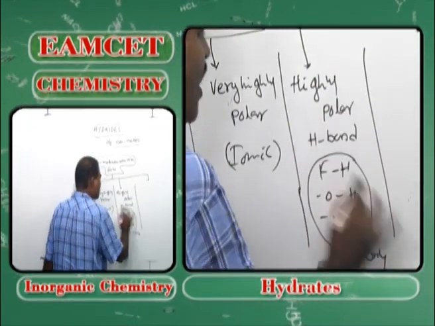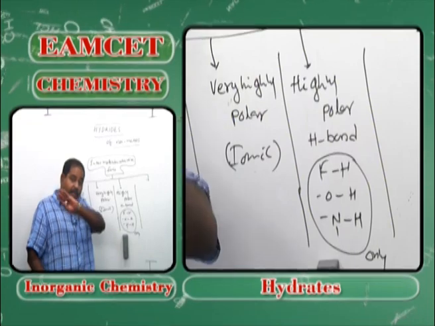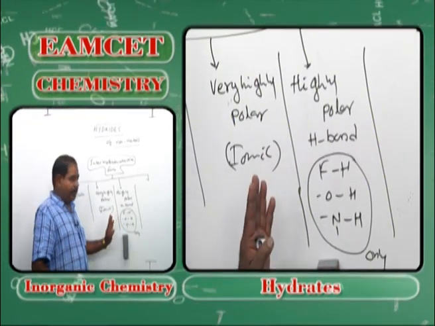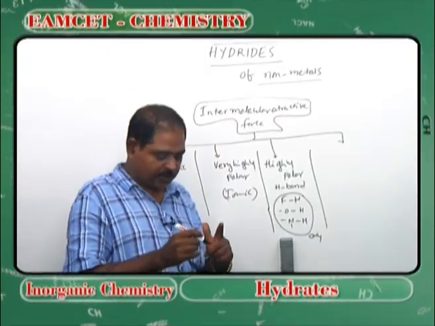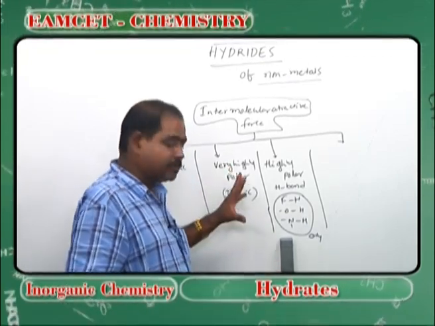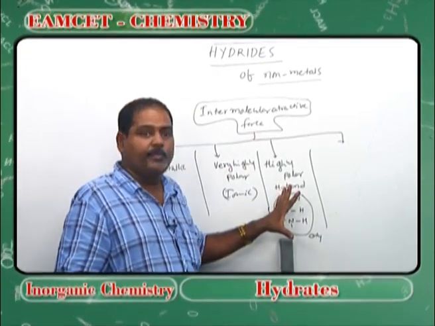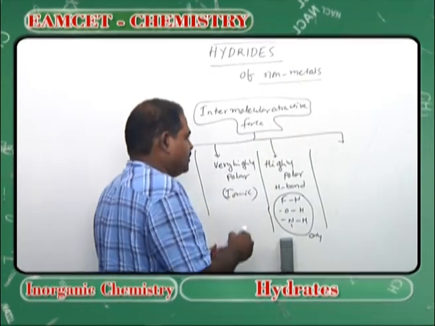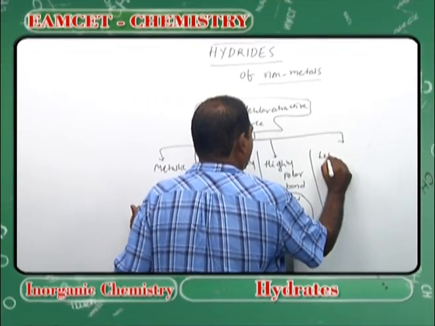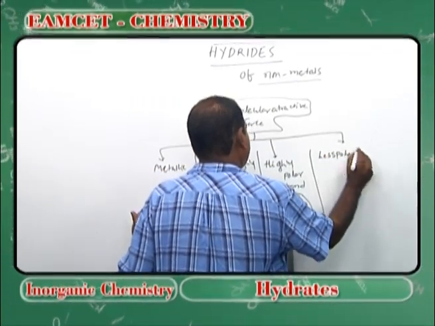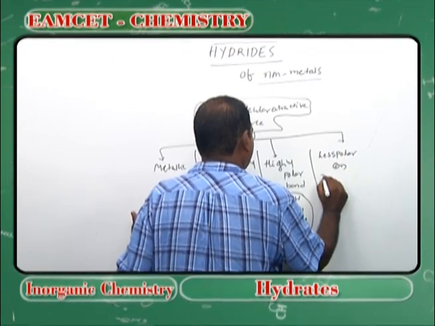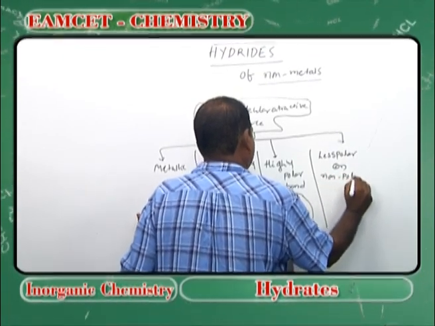And if these three are not there, I repeat, if the given set of substances are not metals, they are not ionic substances, they don't contain highly polar bonds, all other categories are called less polar or non-polar.